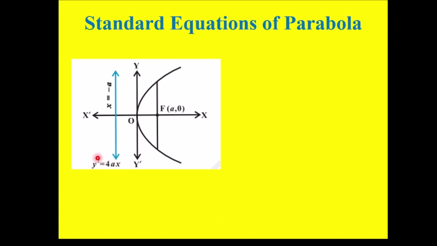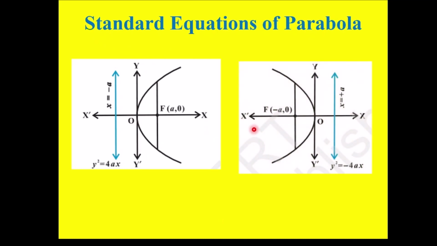So this is the standard equation of a parabola when the x-axis is the axis of symmetry and the focus is at (a, 0). It could be the other way round also. Suppose the focus is at (minus a, 0) and the vertex remains the same at the origin. In that case, the directrix will be x equal to plus a, and the equation is y square equal to minus 4ax.